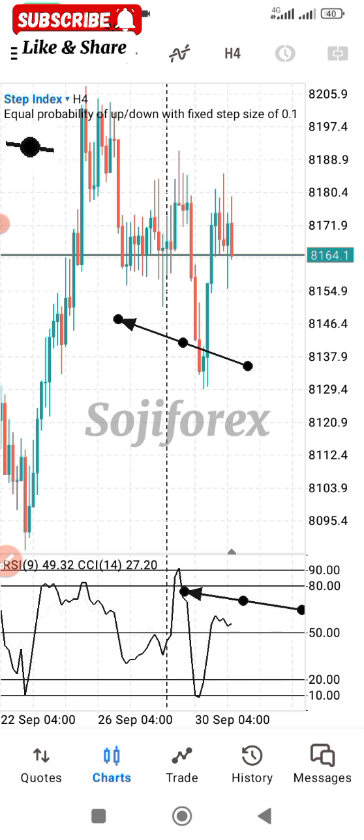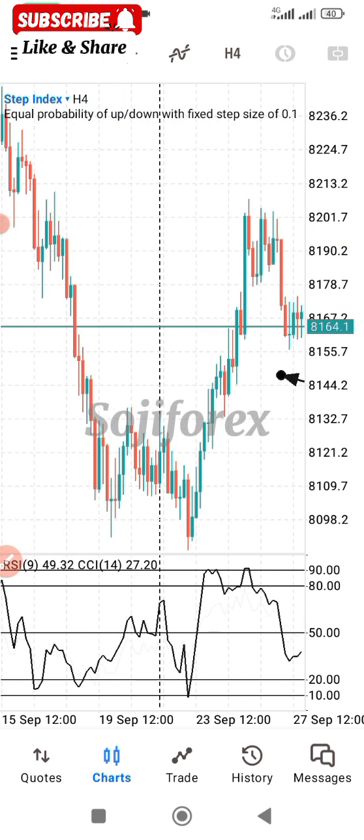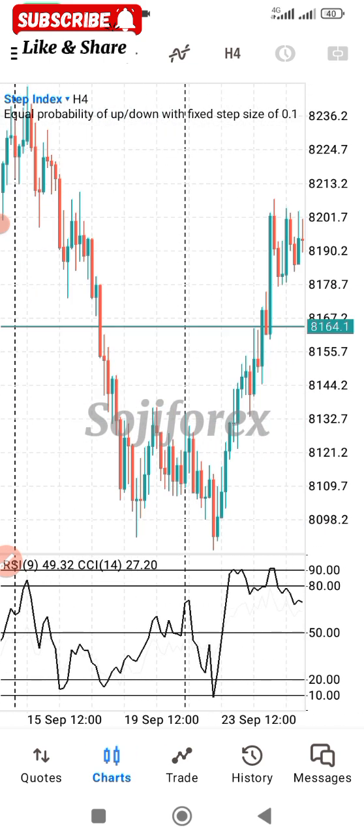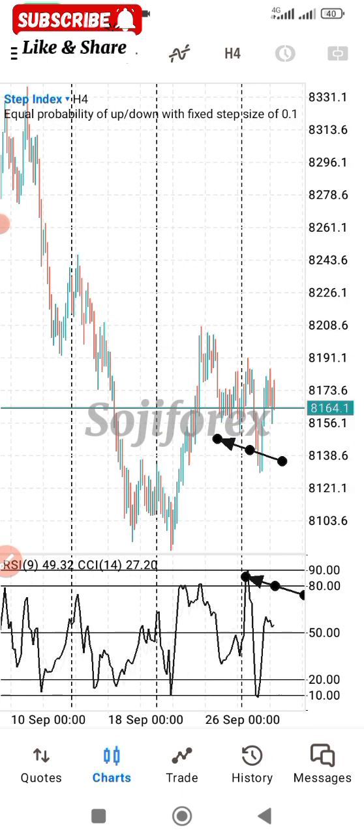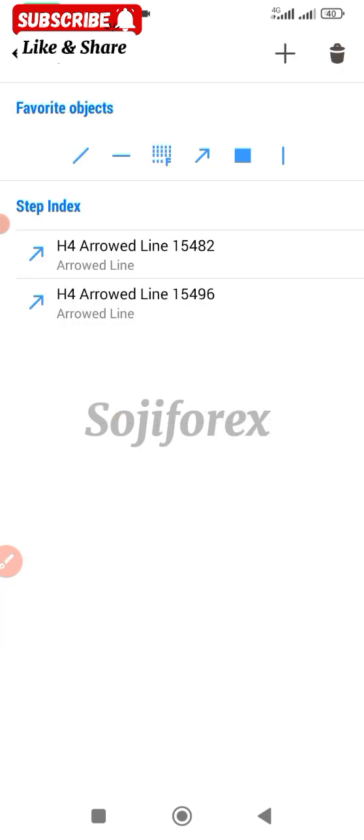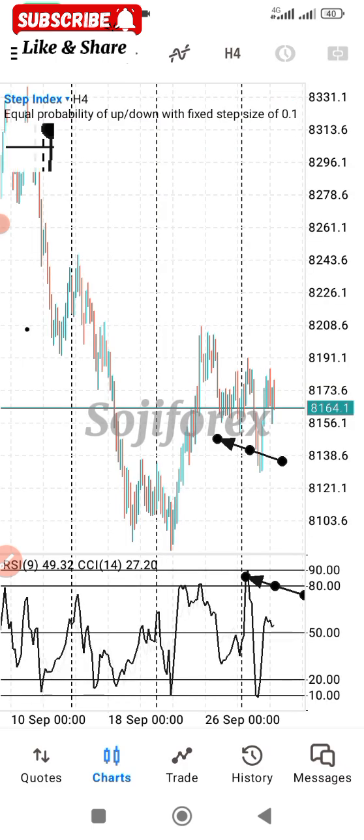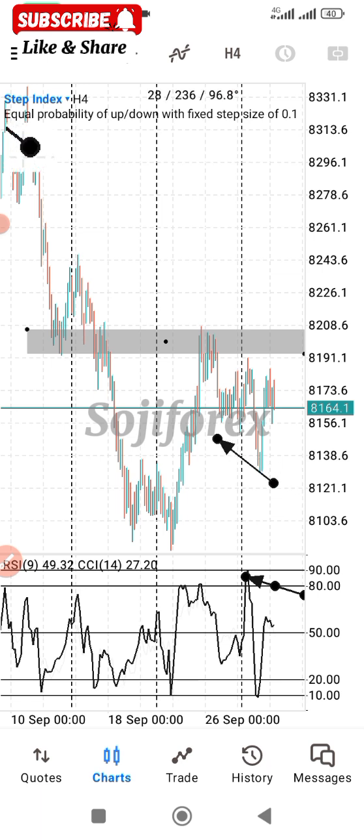Secondly, once it gets to the level of 90 or 80, the next thing you want to see, you have to trail back to see if price is at a support zone or at a resistance zone. Just as in this case, we have a support zone because price previously was at this point, went up and then came down.